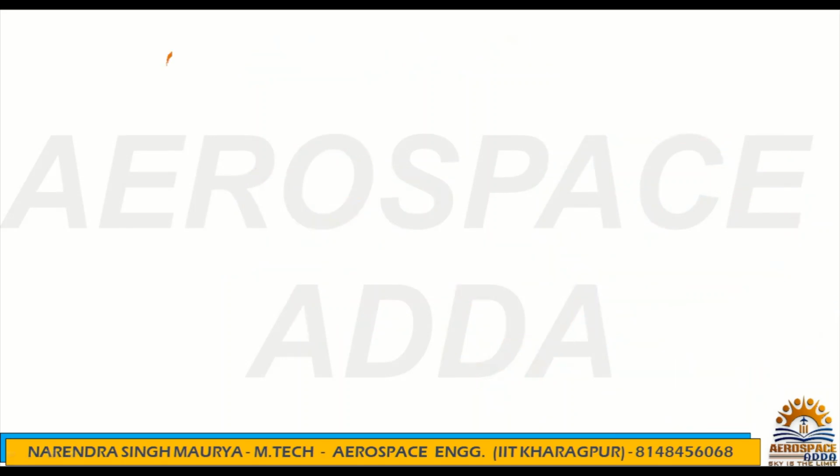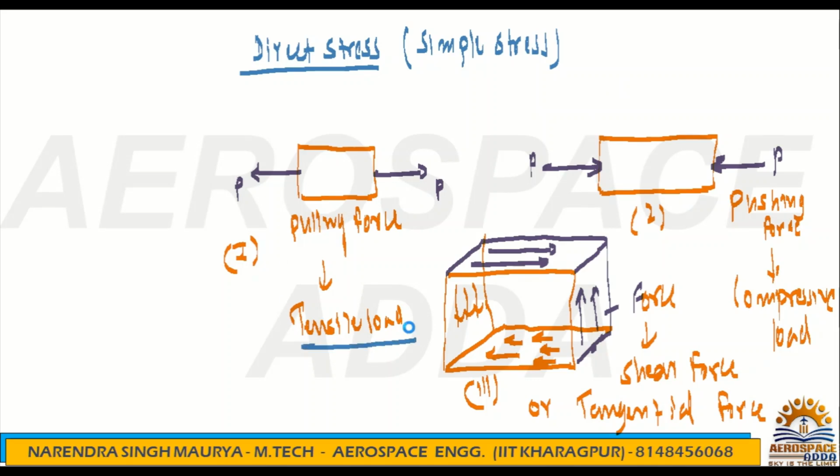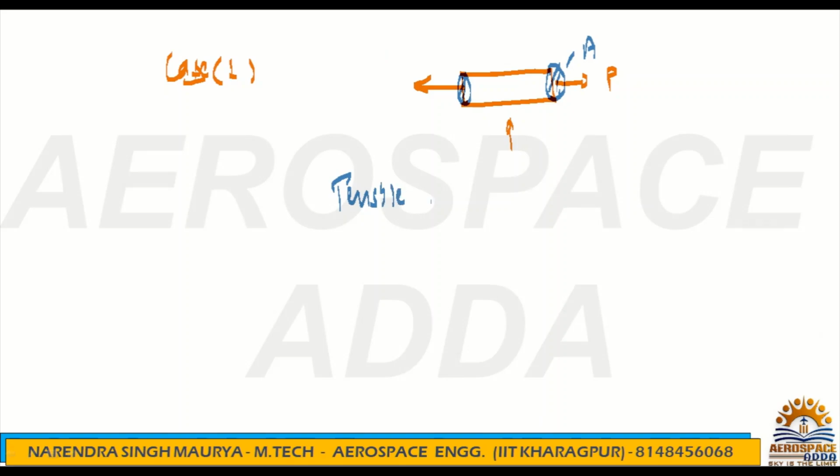Case one. This is the object, and the load P is acting here. Because the load is a tensile load acting on this cross section, with area A, the stress is tensile stress, sigma T, which is tensile load divided by area.